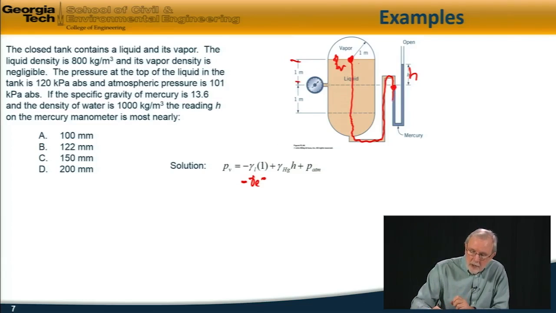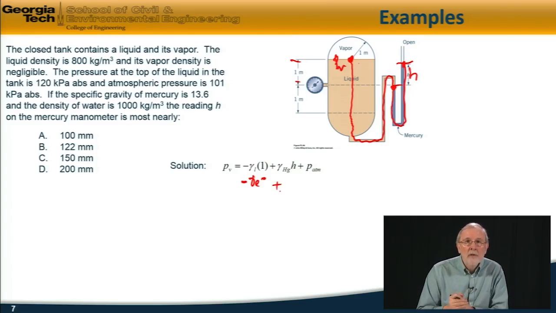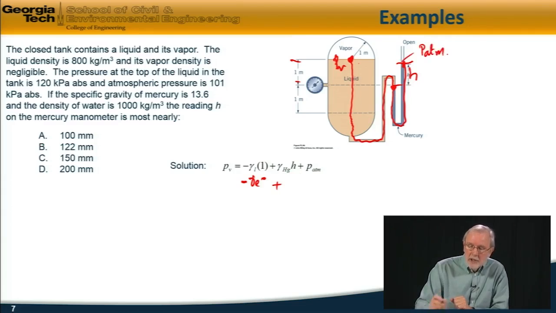Then we go through the mercury column from here to here. This meniscus is higher, so it's going to be positive, and the hydrostatic pressure is gamma mercury, gamma Hg, times the height h, and then finally add on the atmospheric pressure at the free end.